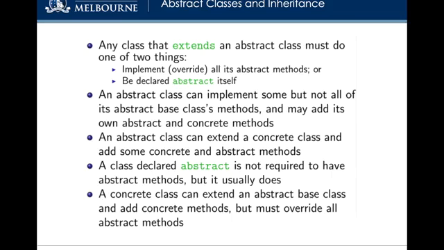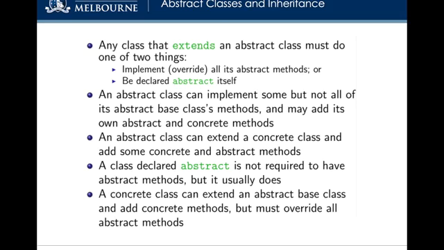An abstract class can implement some, but not all, of its abstract base class's methods. Essentially, an abstract class is a kind of in-between between an interface and a normal class. So it's kind of a combination of both. And one thing, a class that is declared to be abstract is not actually required to have abstract methods, and it usually does. If it doesn't, it makes it rather pointless to declare it abstract because you're losing the kind of functionality.